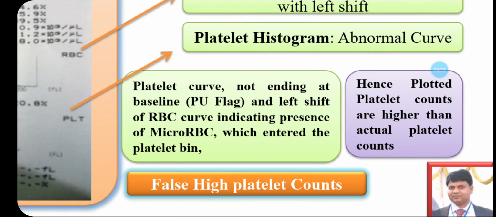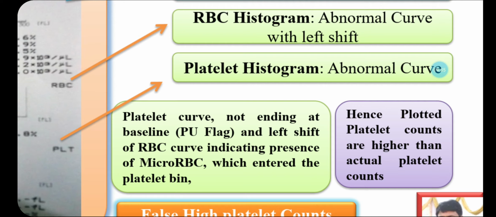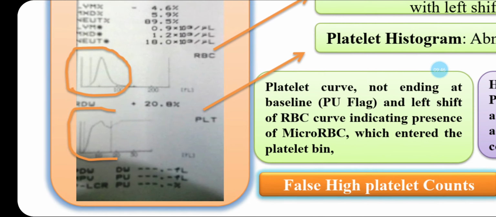By interpreting these two histograms, the platelet curve is not ending at the baseline, meaning the PU flag, and the left shift of the RBC curve indicates the presence of micro RBCs which have entered the platelet bin. From the histogram, we can interpret that some of the RBCs have become too small or microcytic, or they may be fragmented.